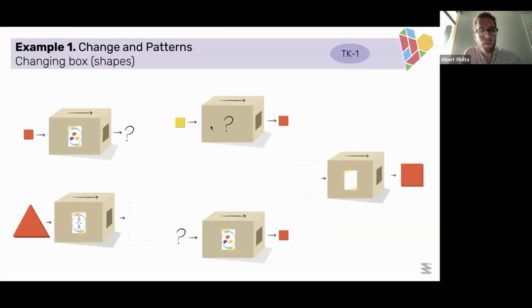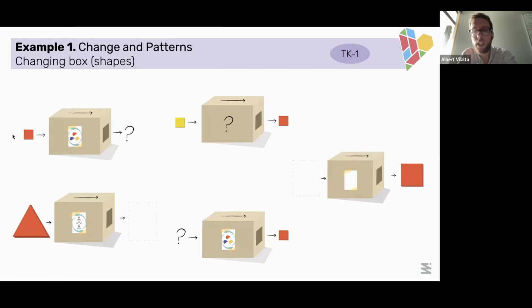For instance, the first one, right? There's a square that is small and red. I tell you it's small, you don't know it because you don't have a reference, but this is one of the logic blocks that you have physically, like manipulatives. You put it into a box, the card tells you what is going to change, and my question is, what is the answer? What is the exit, right? What is the output?